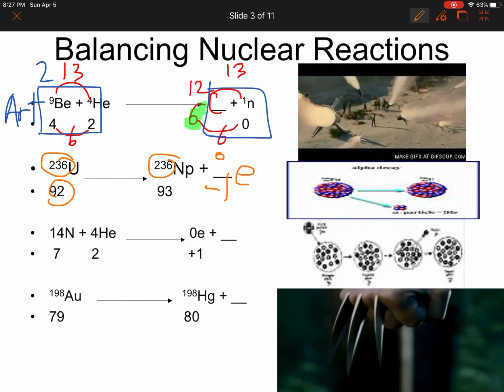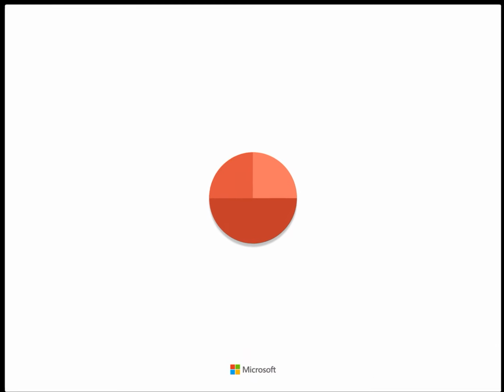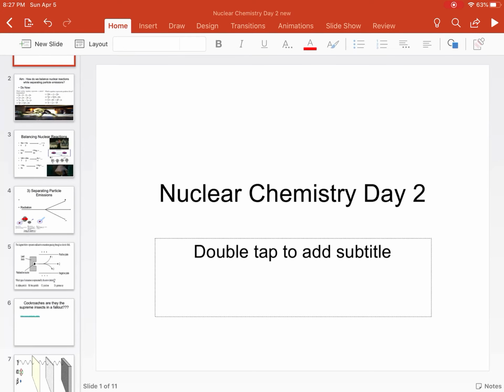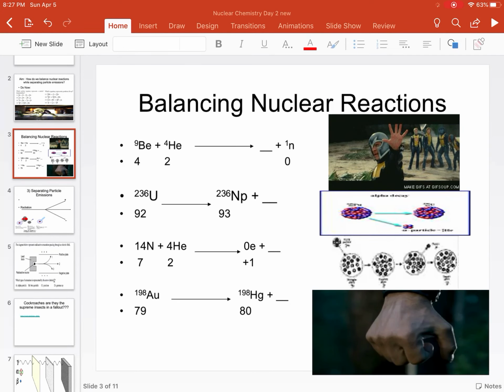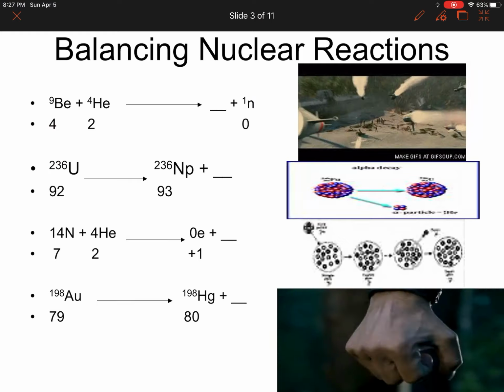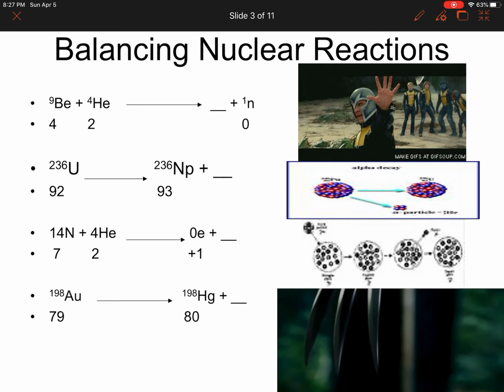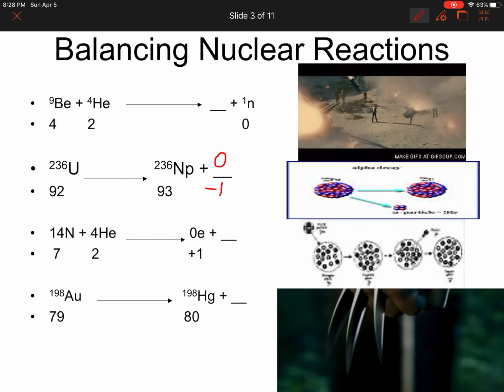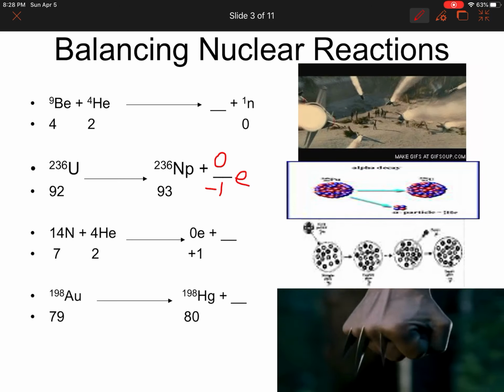We'll go to table O. That is 0, -1e, that represents it over there.